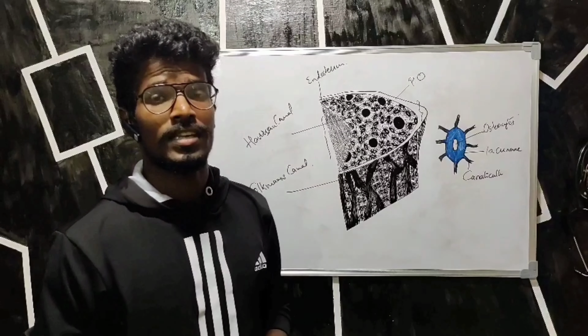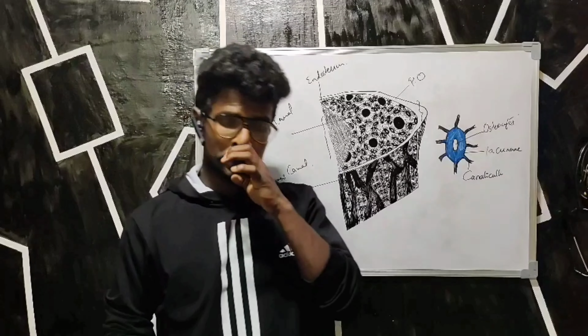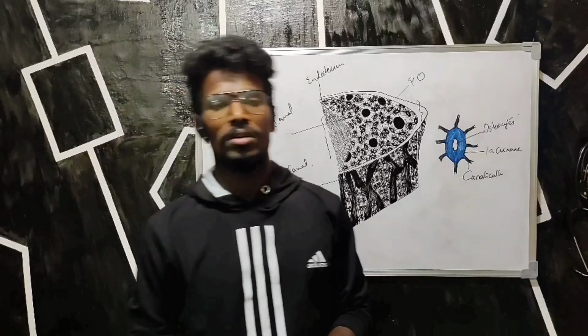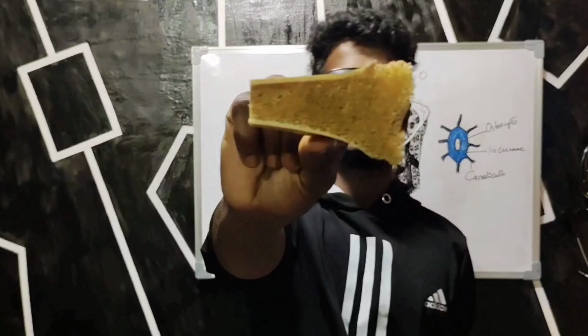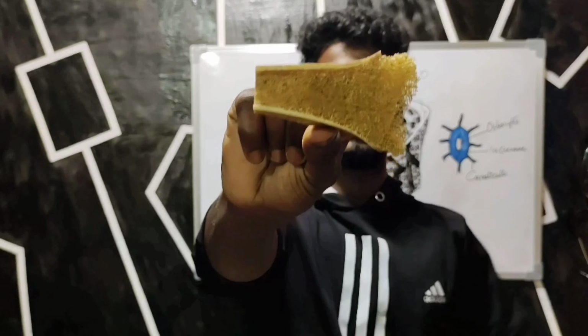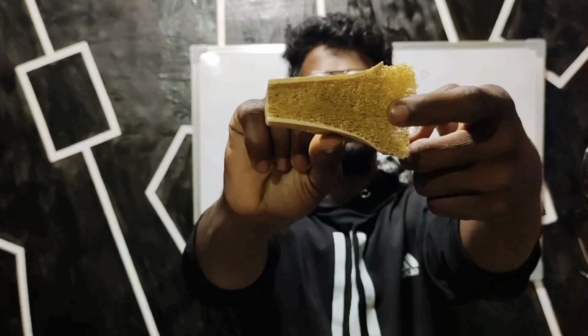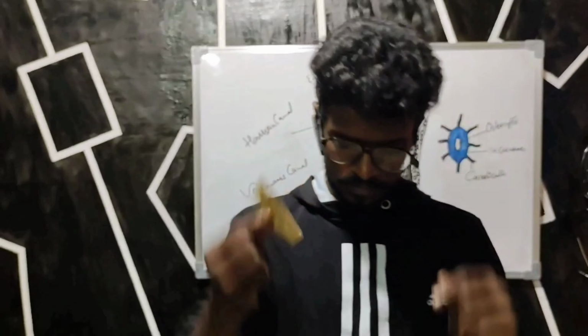Now coming to the second classification of bone, according to the type of tissue it is made up of. It is called cancellous bone or spongy bone. So this is how it looks. Outer strong surface, that is your compact bone, and the honeycomb structure is cancellous bone or spongy bone.